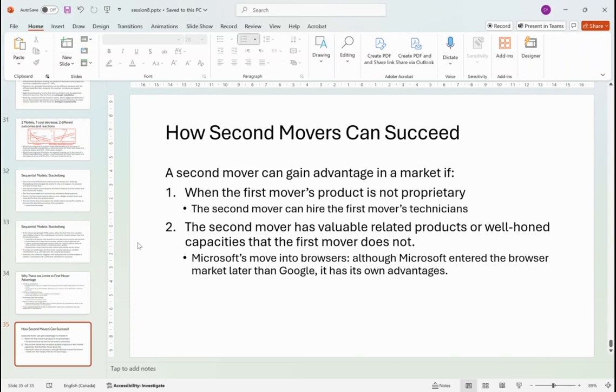But Microsoft is also successful, maybe as successful as Google, because they have more software that could be compatible with the browser, or hardware that could be compatible with the browsers. So they have more valuable related products that could be linked to the browser. That made Microsoft's browser probably as successful as Google's, if not more successful.